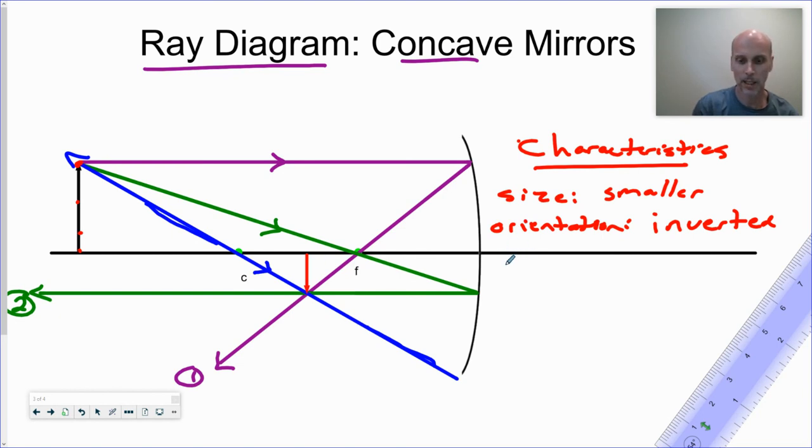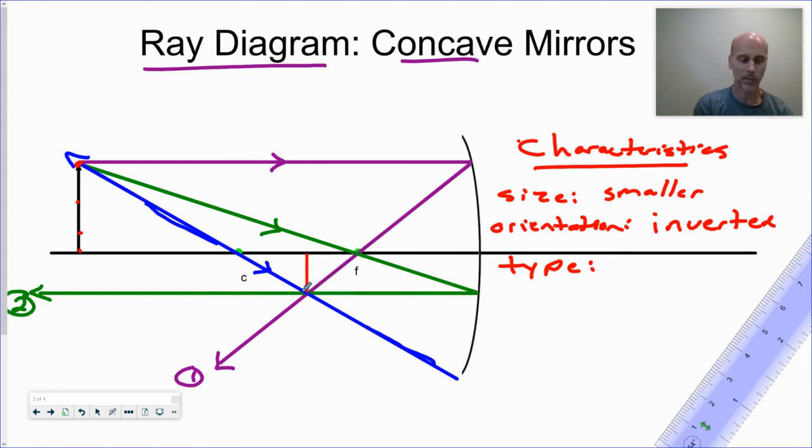And then finally, we have the last characteristic, which is the type of image. Now this one is at first not totally clear until you've done enough ray diagrams and you've seen both types. So we have a choice here between a real image and a virtual image. Now you have a sense of what we mean when we talk about real and virtual when it came to focal points. Same kind of rule here.